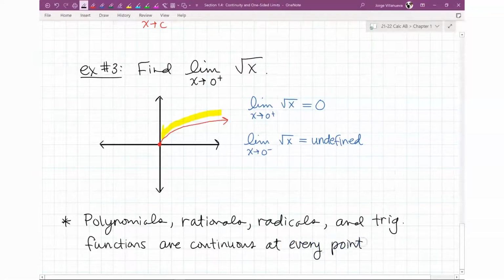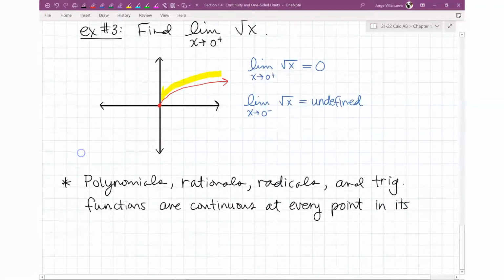And you might say, well, wait a minute, Mr. V, that's not right. I know some rational functions that are not continuous at every point, like we just did 1 over x. That's not continuous. But you're telling me that's a rational function and it's continuous at every point? Well, let me finish, right? At every point, here's the key, in its domain.